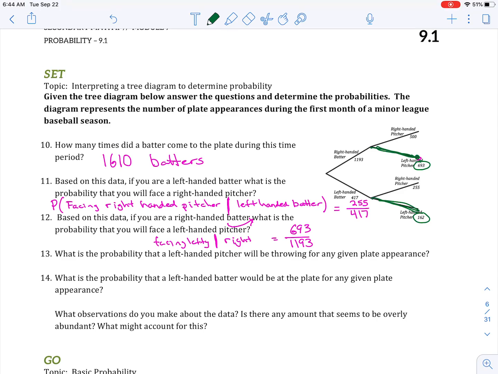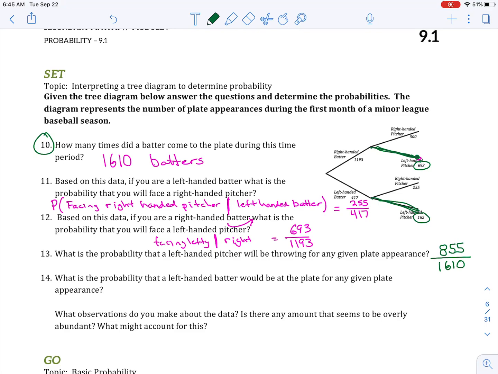So I would just add those two numbers together for number 13, and 693 plus 162 is 855. 855 out of the total. So how many total plate appearances were there? Well, that's our answer for number 10, which is 1610.